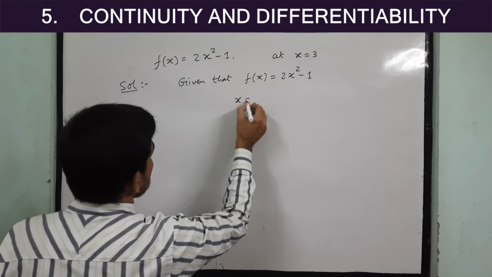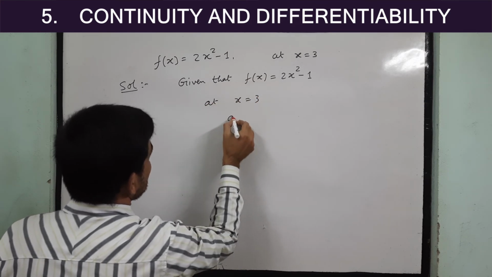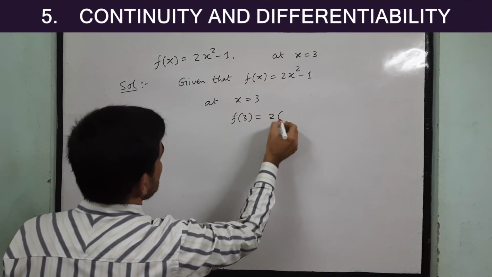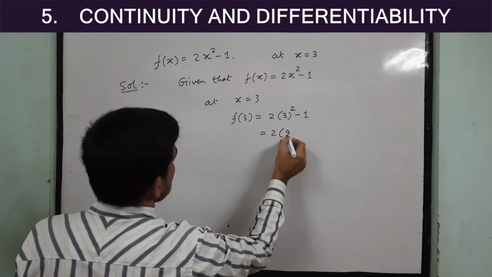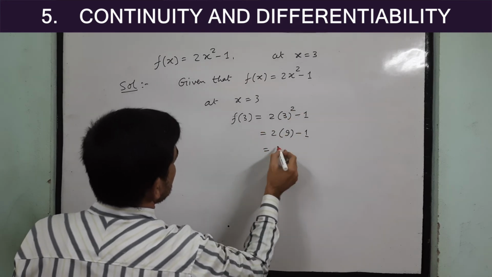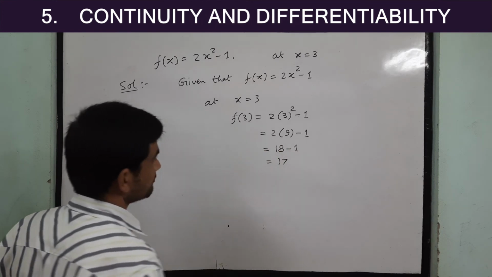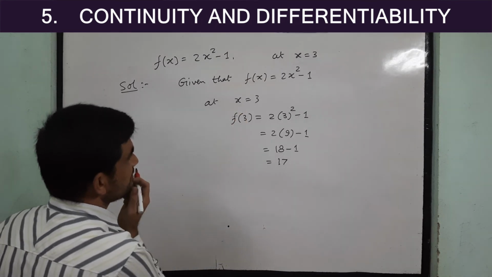When you put x = 3, the function's value f(3) is 17. Clear?